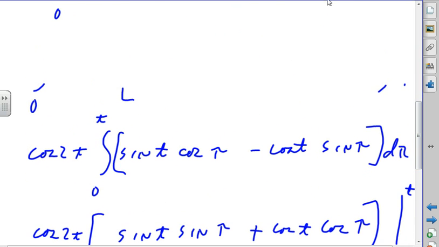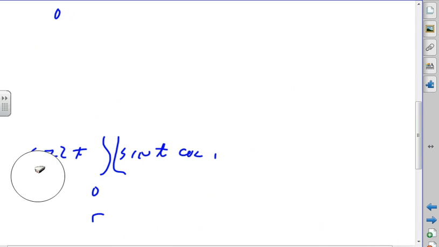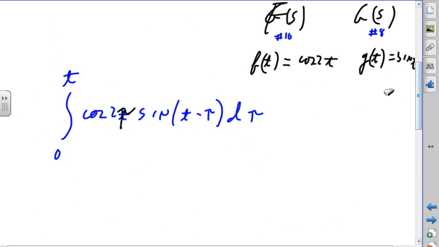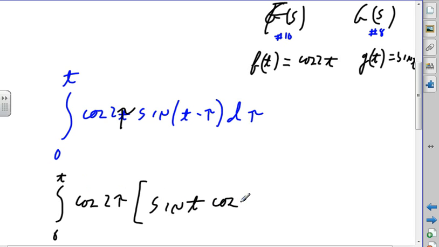Okay, well, now that we found the mistake, it'll probably be very easy to get the right answer this time. I knew I did something wrong. That was much too easy to have it be right. Okay, so I got the integral from 0 to t of cosine 2 tau times sine t cosine tau minus cosine t sine tau, d tau.